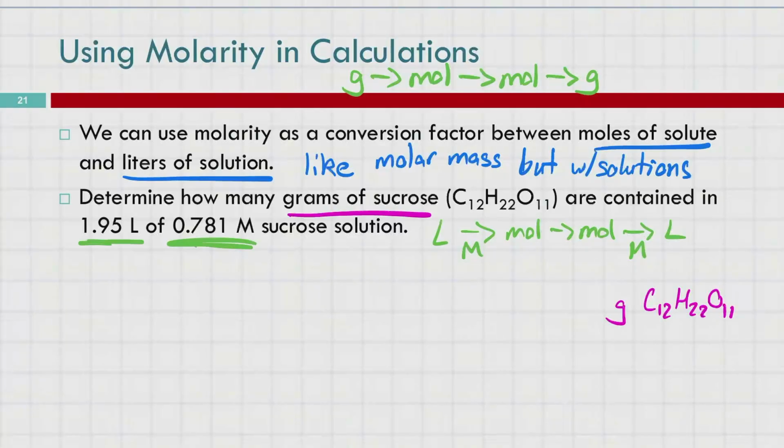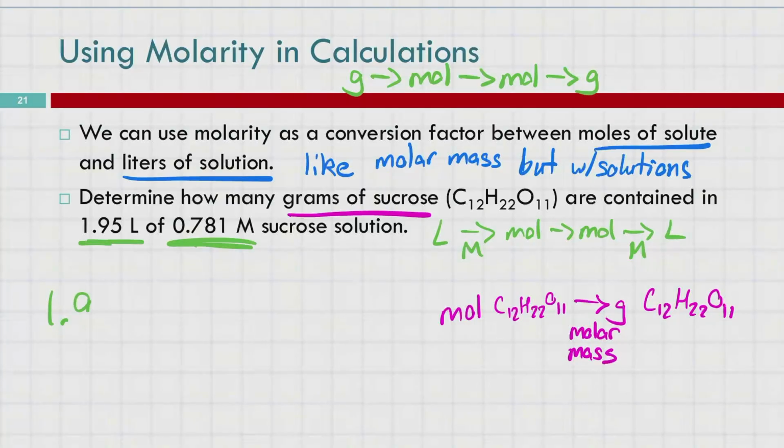What units do we need to get there? What can we turn into grams? Moles. We would want moles of sucrose. We could turn that into grams using molar mass. And we can get to moles with molarity and liters.